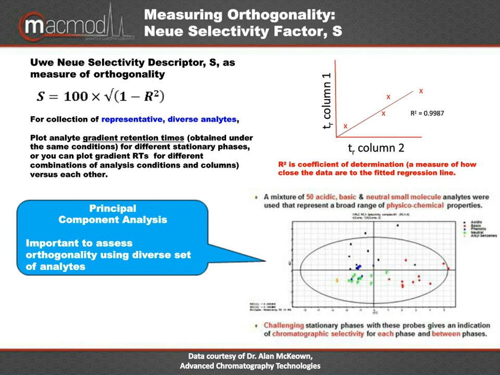But in this case, on the bottom right, we see the results from principal component analysis of the 50 analytes that they used for this characterization of these columns, and it's quite a wide spread of selectivity involving analytes such as acids, bases, neutrals, and some other ones included in that set. So it's quite a wide distribution of analytes that can be used to mean something for future prediction.